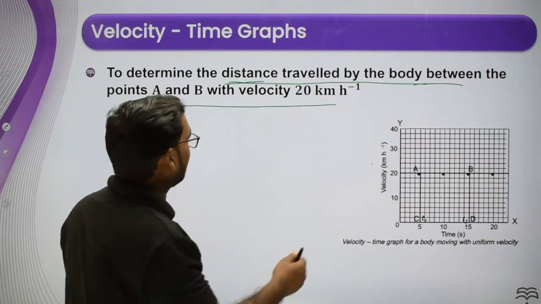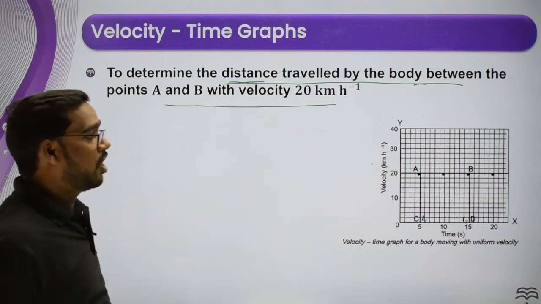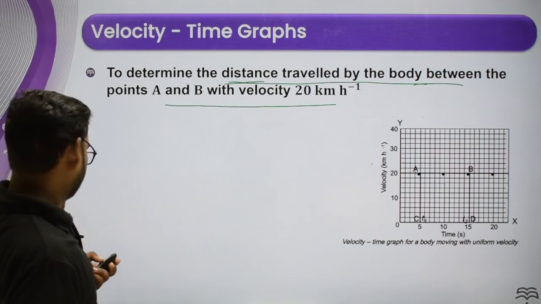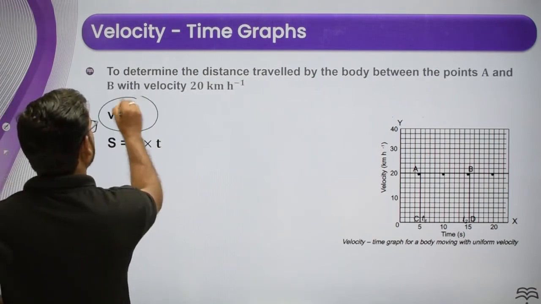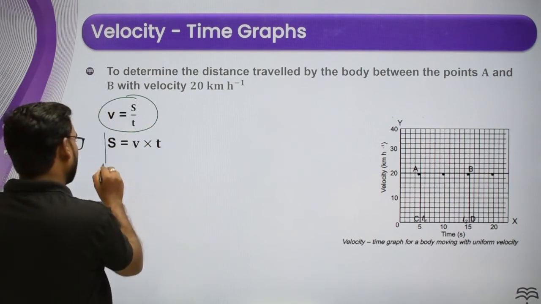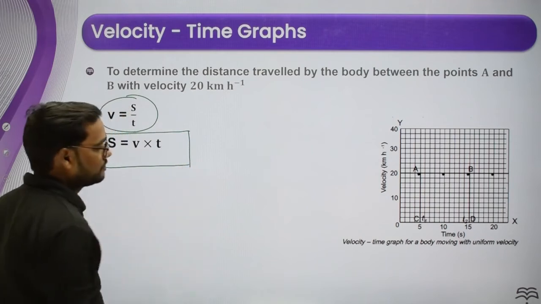Now the velocity is 20 km/h. Then how do you get the distance? You know that V is equal to S by T, where S is the distance. So if you want to calculate the distance, you need to multiply the time with velocity.